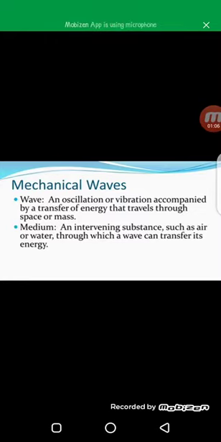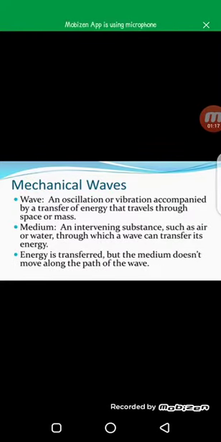That is why when you drop it, you will see ripples, small circles, big, bigger, and so on and so forth. One thing you should also know is that the energy is actually transferred, but the medium doesn't move along. The medium is just there, because the water will just experience a form of swelling. When it swells, it goes back to its former position.